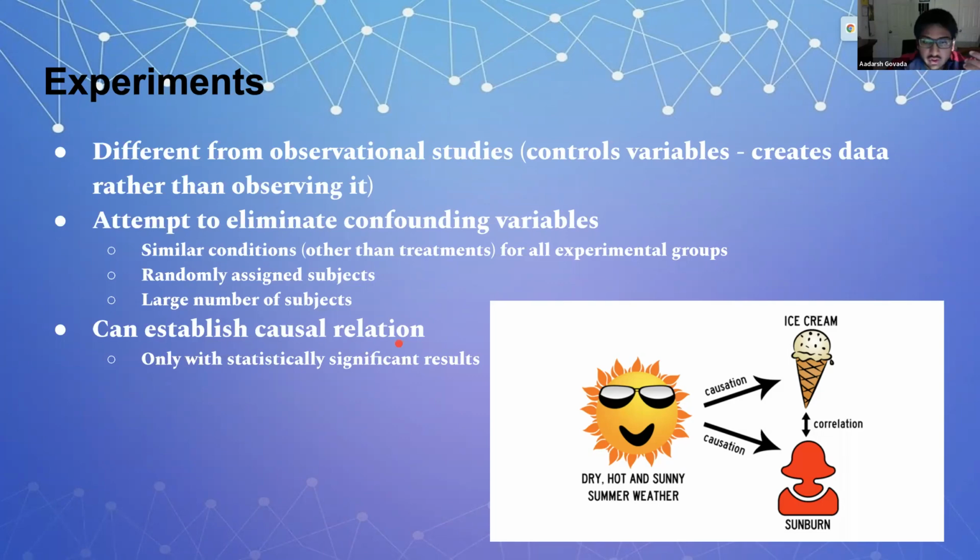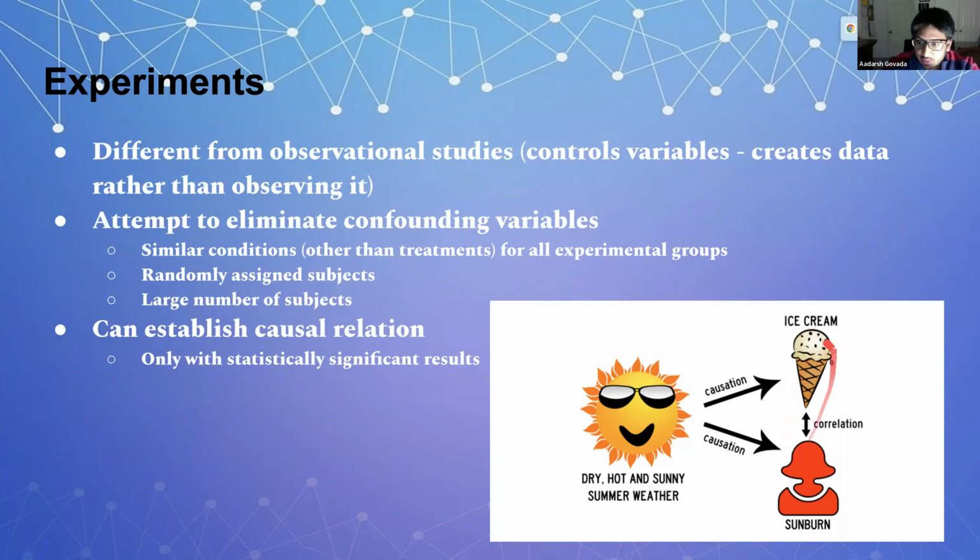So you may have heard that correlation does not equal or imply causation, right? And that can be exemplified by this image here, because ice cream and sunburn have a correlation. The rates of ice cream consumption go up at the same time the rate of sunburn goes up. But that does not imply causation between the two, because it is not as though eating ice cream causes sunburn.